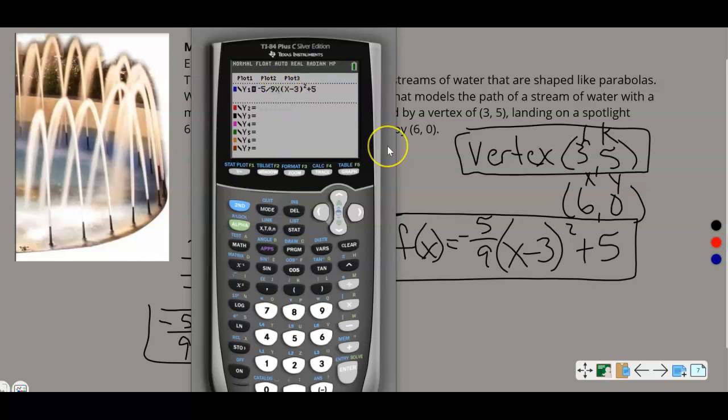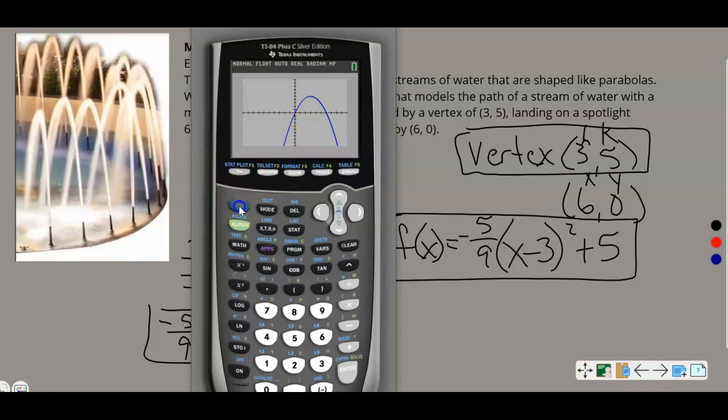Yes, I didn't hit a 3, but I have an extra x in there. So let's hit that x to make it be gone. And that did not look like a quadratic equation. If it does not look like a parabola, first thing you need to do is go back and quickly look at it and make sure that you did that correctly.